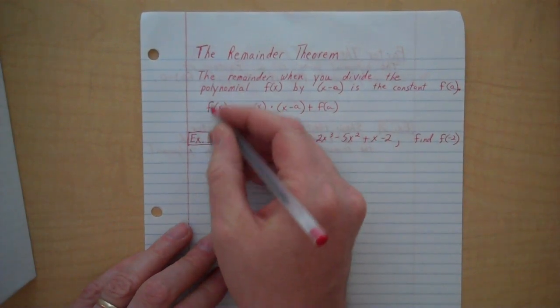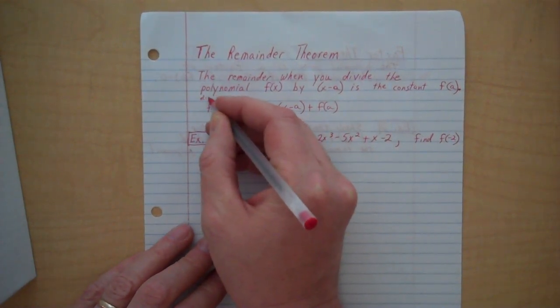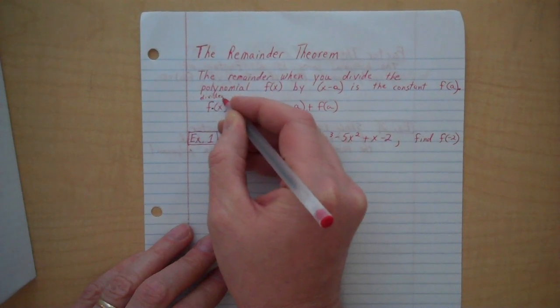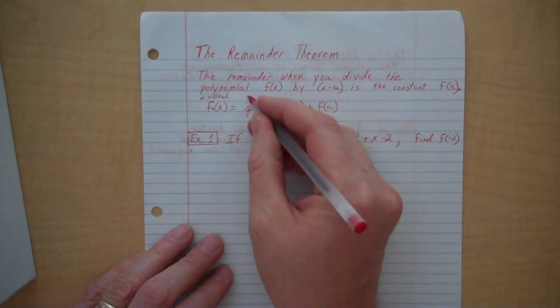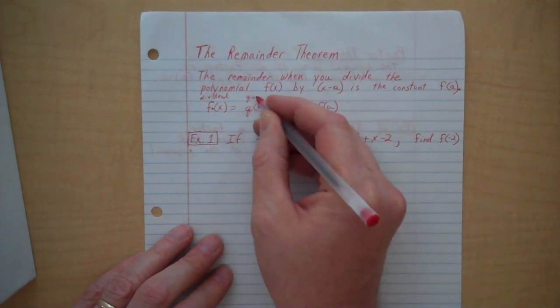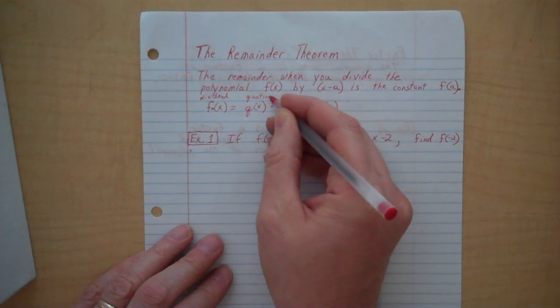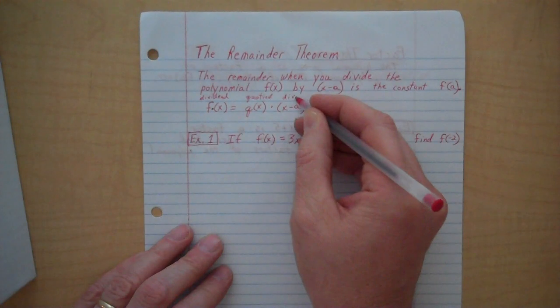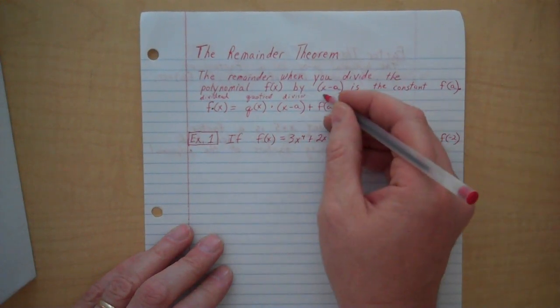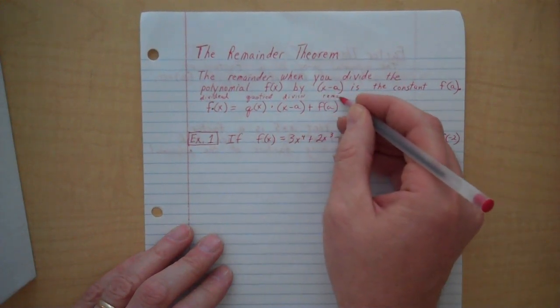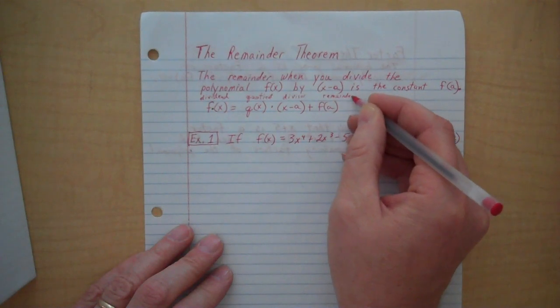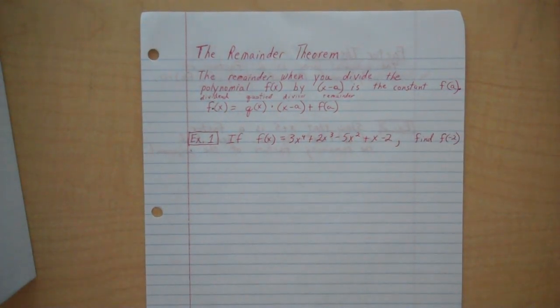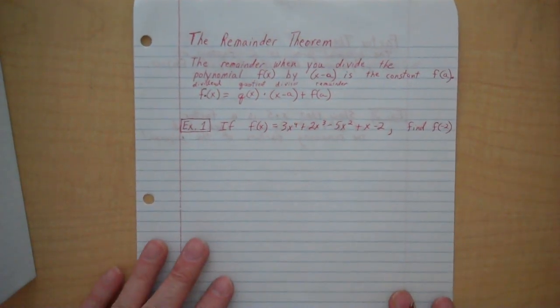F of x is your dividend. It's what you're dividing. Q of x is your quotient. X minus a is your divisor. And f of a is your remainder. Alright, well let's put that into practice here with a couple of examples.